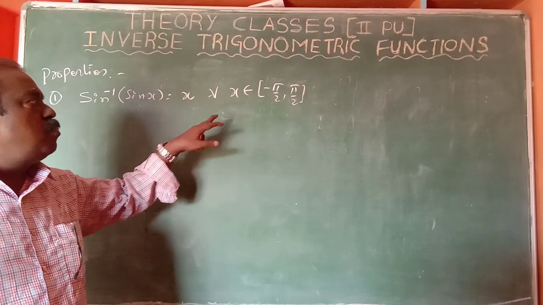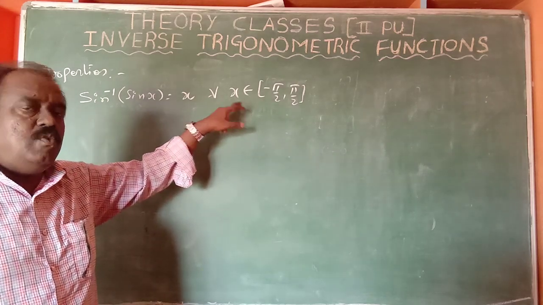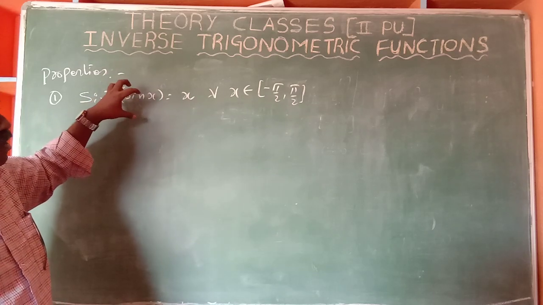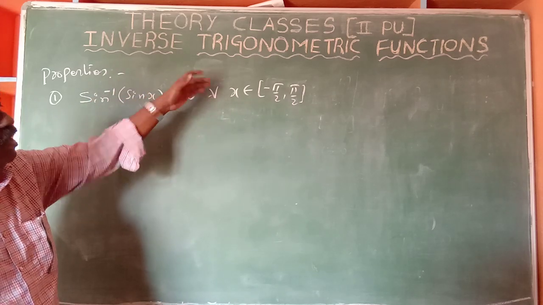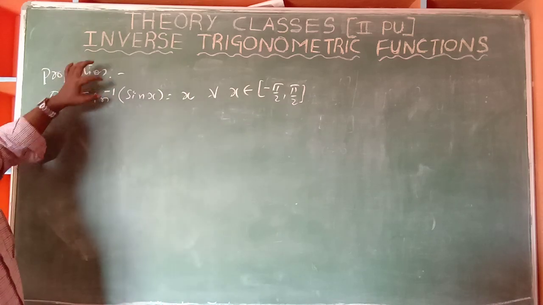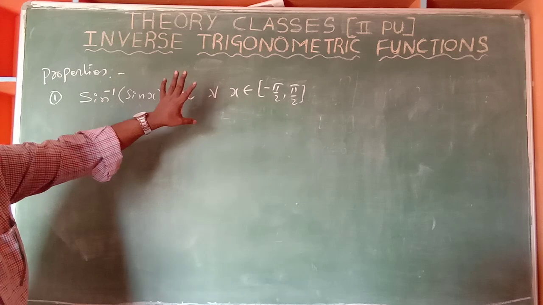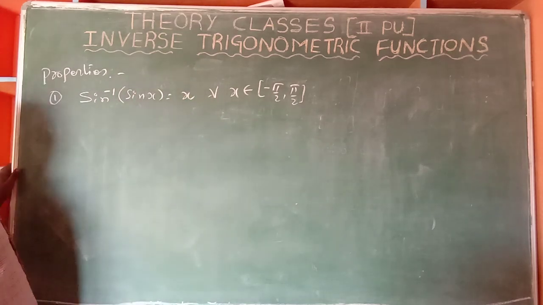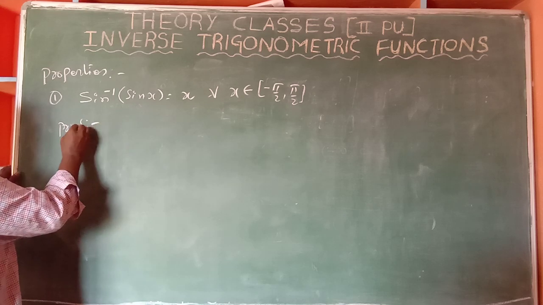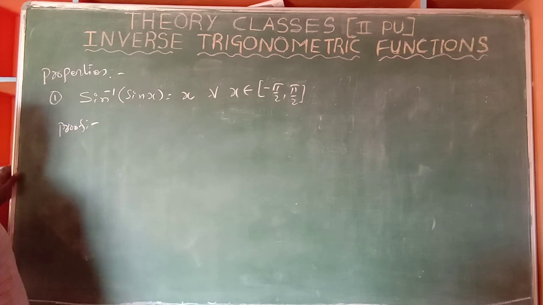If you are able to follow this domain and range, you follow it. Otherwise, you will understand while we are solving the problems. Sine inverse of sin x is equal to x. It is the first property. With proof. You see the proof.